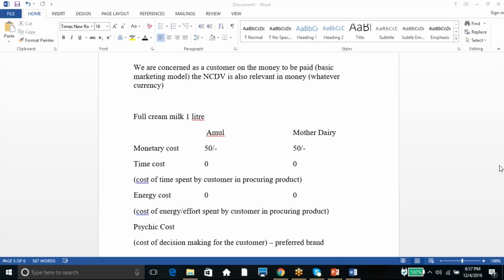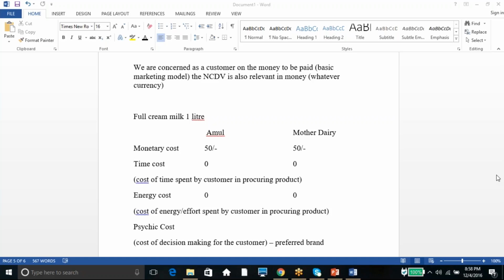Okay, let me ask you, Ajay, if Amul is your preferred brand, and suppose Mother Dairy reduces their price to 49, will you shift to Mother Dairy? Okay. So Ajay, next question.